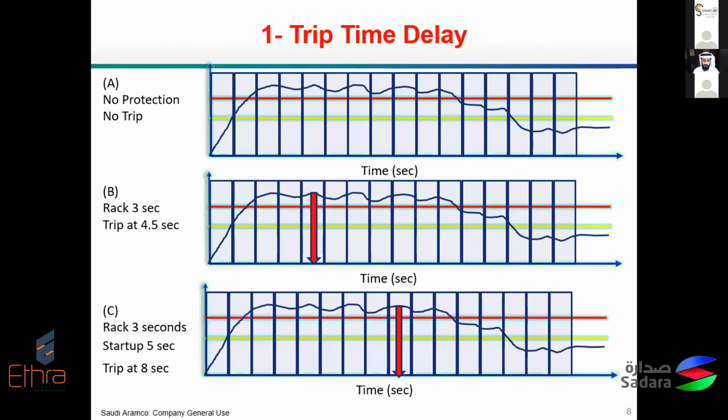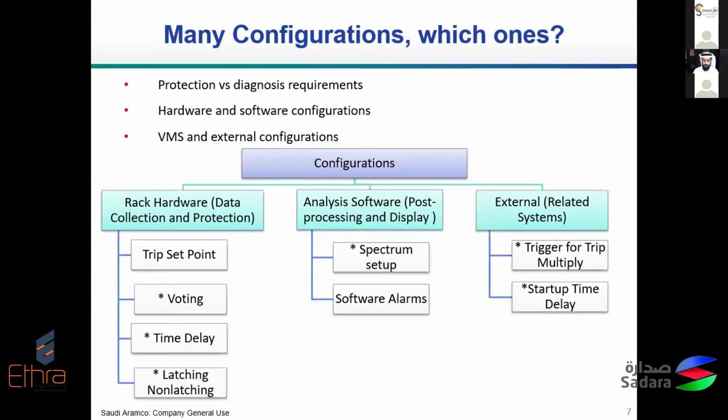Just to start with, if you can go back to the previous slide. Again, as Ali mentioned, this configuration will basically take an action and show exactly what the required outcome is. So you can see there are the configurations, for example, the trip set points, which are configured in the rack hardware.